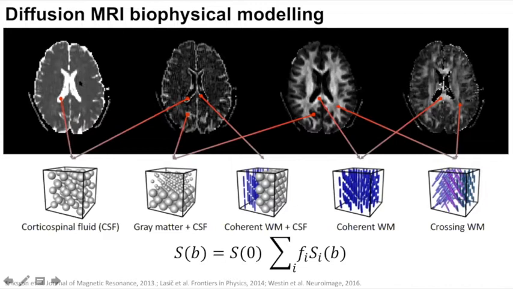For example, in the CSF, we have mostly big spherical compartments, and in a partial volume of CSF and gray matter, there might be bigger spherical compartments and smaller ones. And in a partial volume of white matter and CSF, there might be some highly restricted anisotropic compartments, or you can have, for example, crossing compartments in certain areas of the white matter.